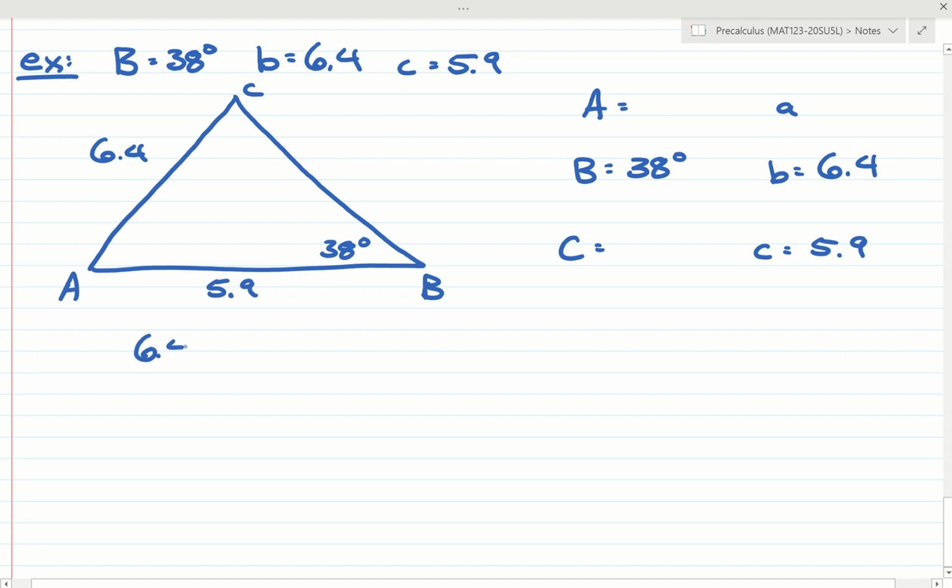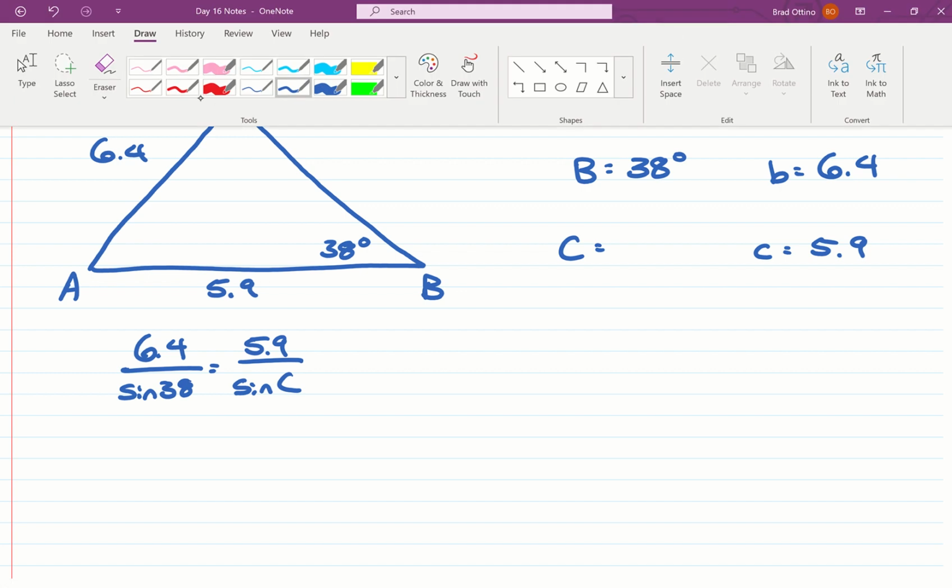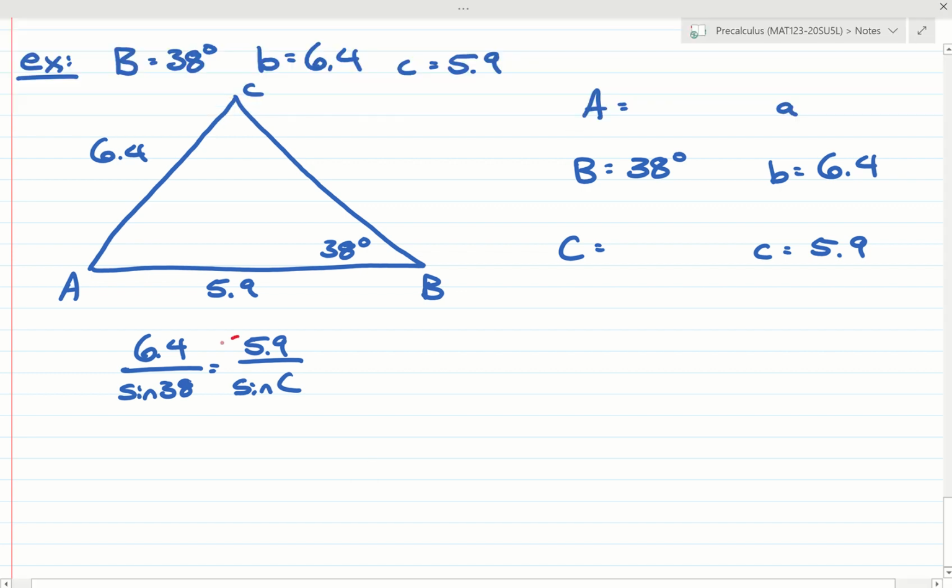We have 6.4 over the sine of angle B is equal to side C over the sine of angle C. Now we don't know what the angle is, so we'll have to use inverse trig. Cross multiply first. 5.9 times the sine of 38 is equal to 6.4 times the sine of C.